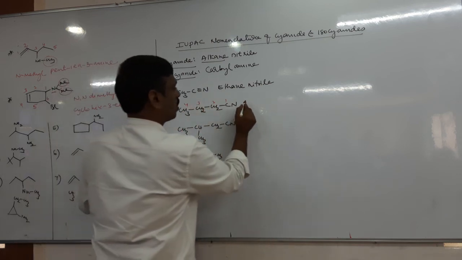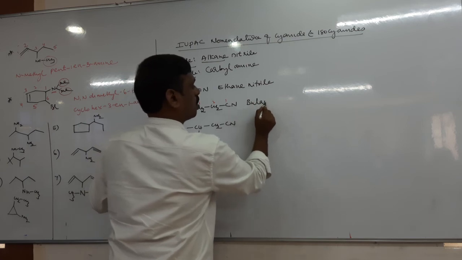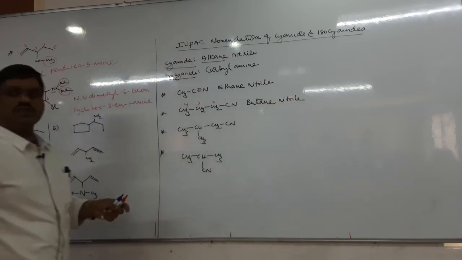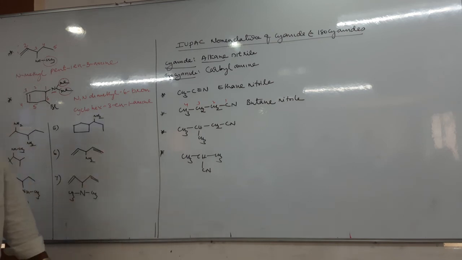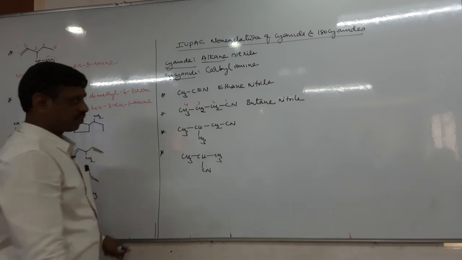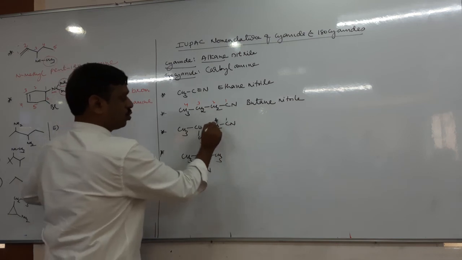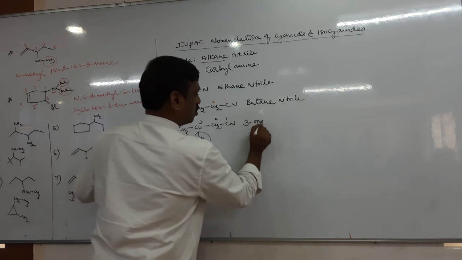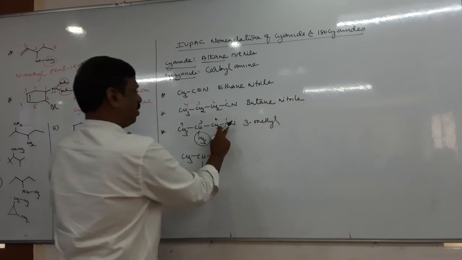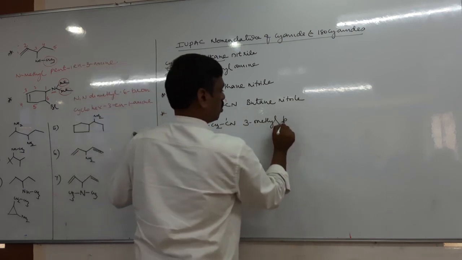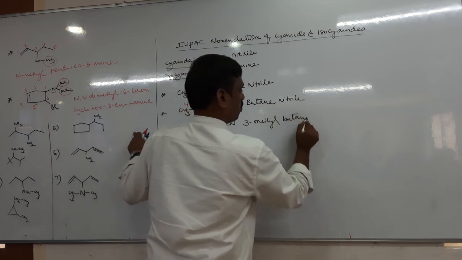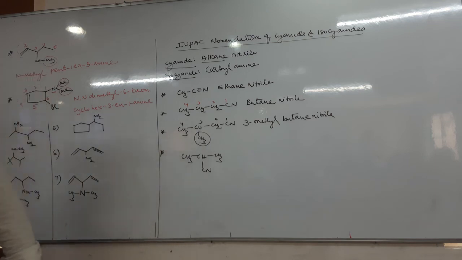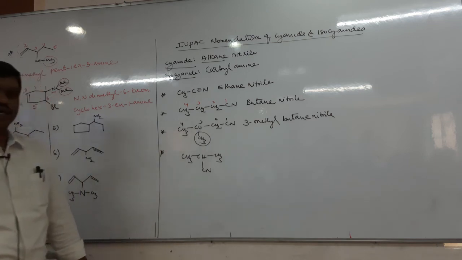Butane nitrile. 1 nitrile is not required because there is no other carbon. No, it is butane nitrile. Next, it is 1 2 3 4. Which methyl? So 3 methyl, meth eth prop but. Butane nitrile. So 3 methyl butane nitrile.